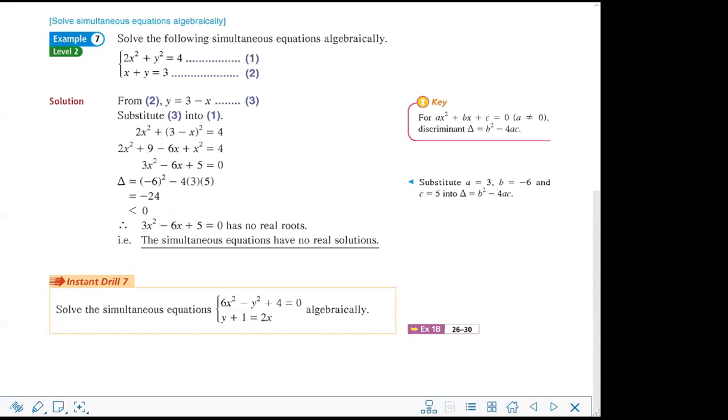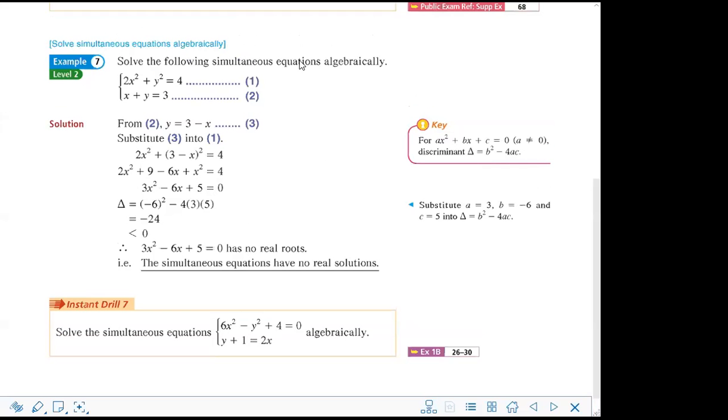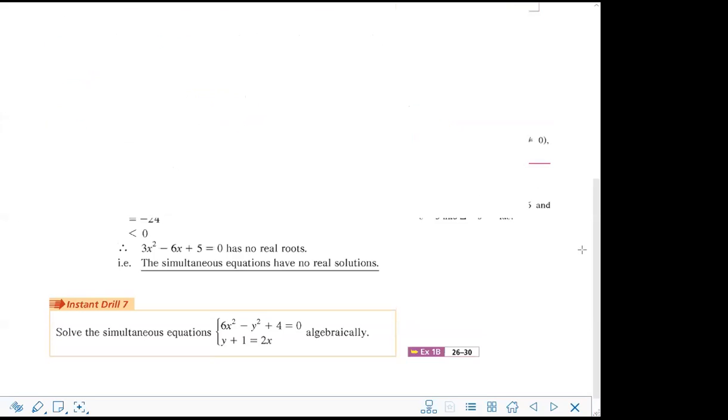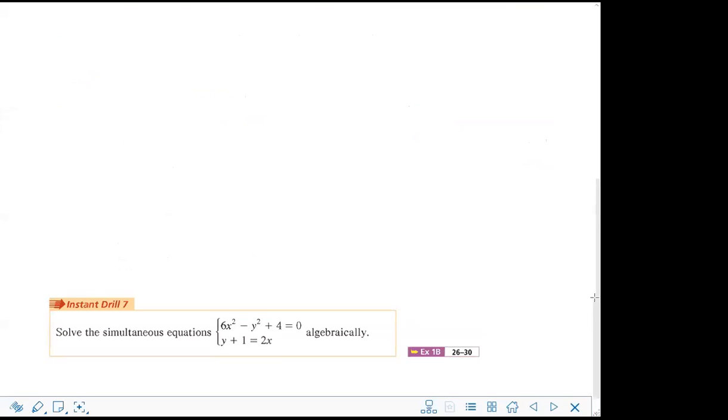Okay, let's check the answers. So let us label them. Label the equation first.